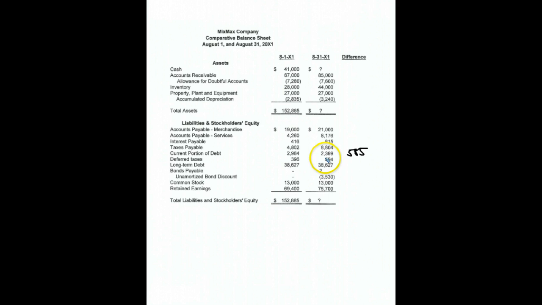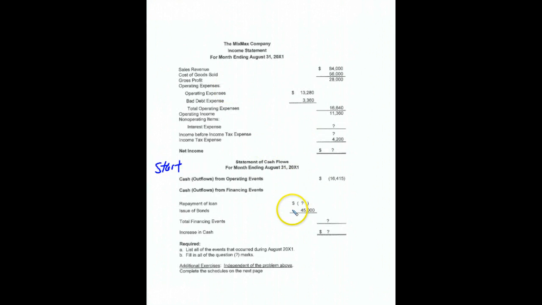The reason it would go down is because they made a payment of $585. So we're going to go over here and put our payment, or cash outflow, of $585. When we do that, this will net to $44,415. And then the total change in cash would be $28,000. Okay, so those will be the first 3.